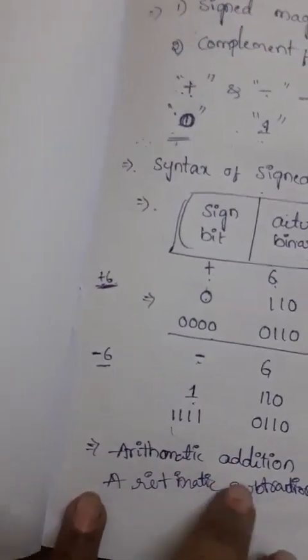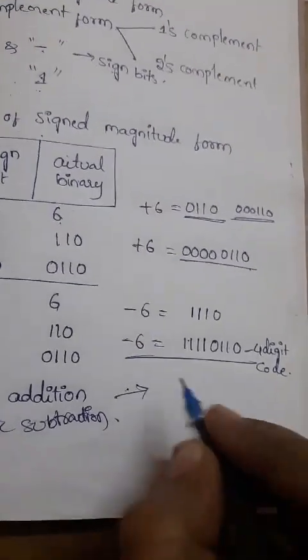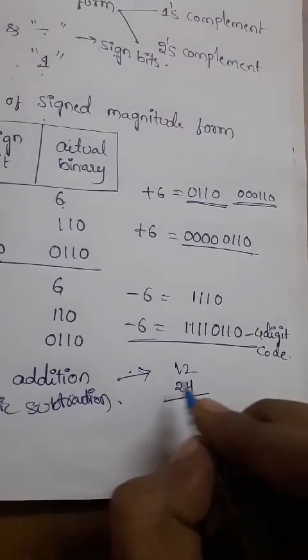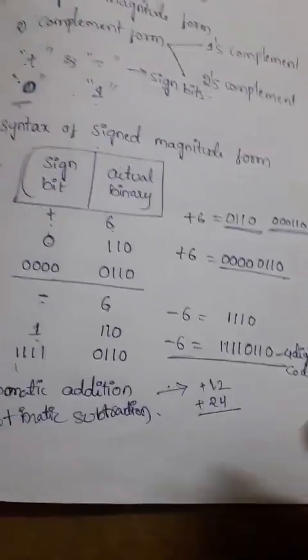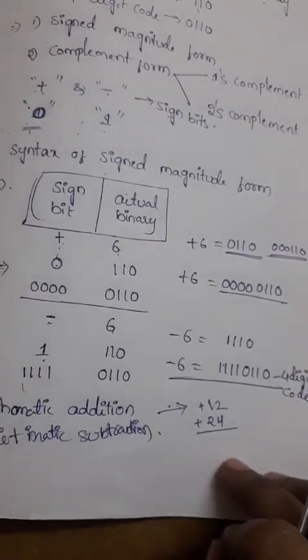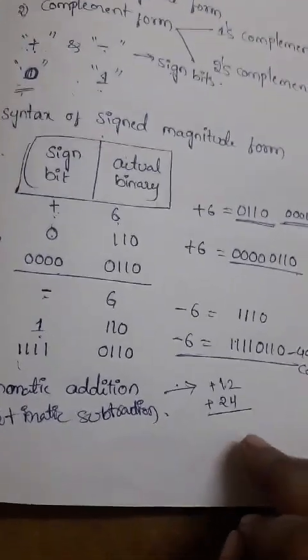Okay, if the signs are the same, for example, I can take two numbers, 12 and 24. These are the two numbers we need to add. These two numbers have the same sign, that may be positive. For these two numbers we need to add the two magnitudes and give the sum the common sign.